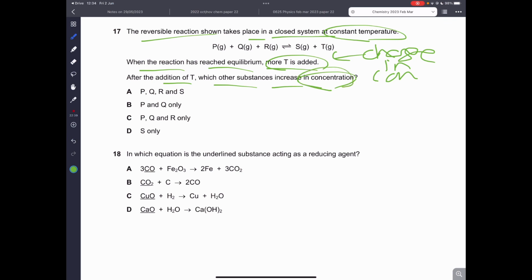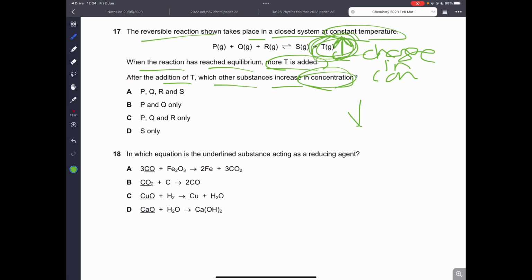And because the concentration of T increases, the equilibrium says, no, this is unacceptable. The other side has gained more of this T, and therefore it's going to have to reduce the numbers. And therefore, if T is going to get increased, the equilibrium always opposes that change.